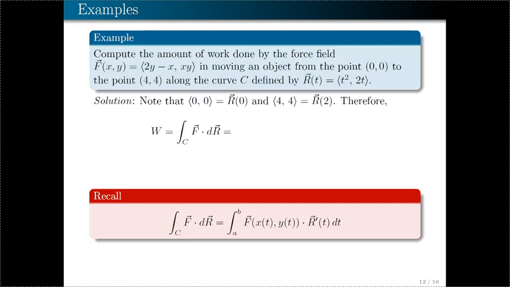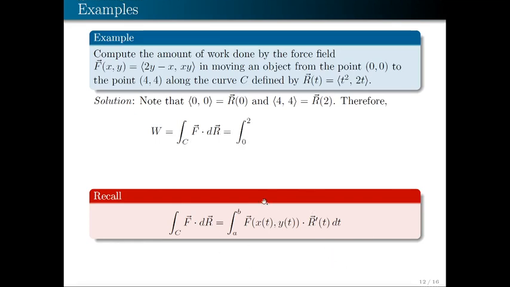In computing the work done, it is again equal to the integral of F dr over our curve C. Using the formula that we have, the integral from 0 to 2, then F can now be written out as 2y minus x replaced by 4t minus t squared. Then xy would be replaced by t squared times 2t, or 2t cubed.